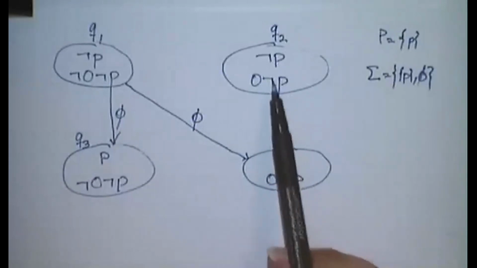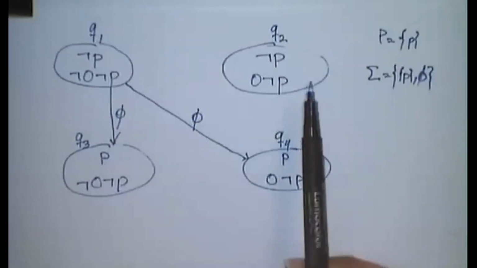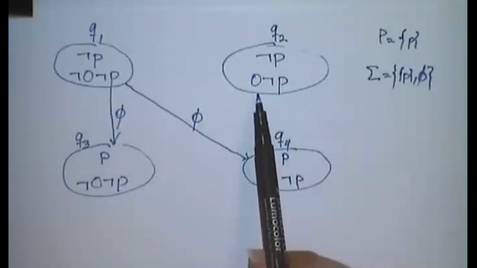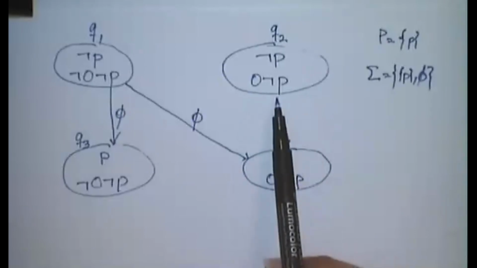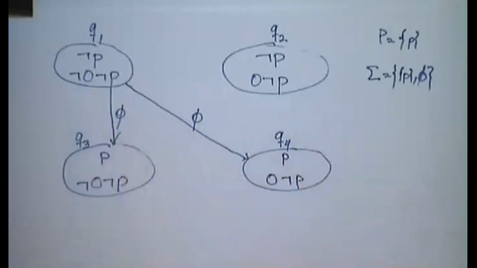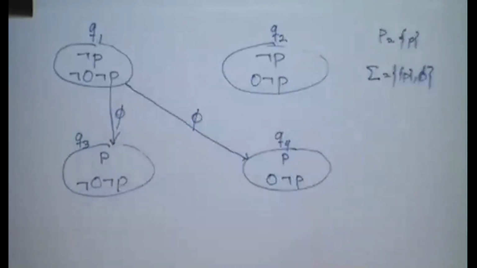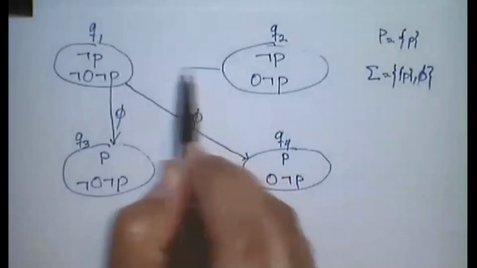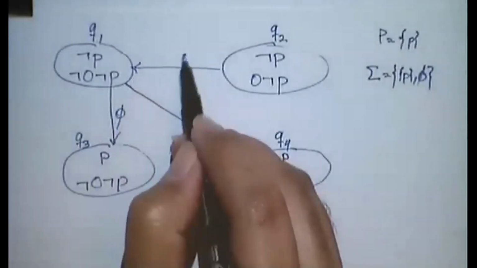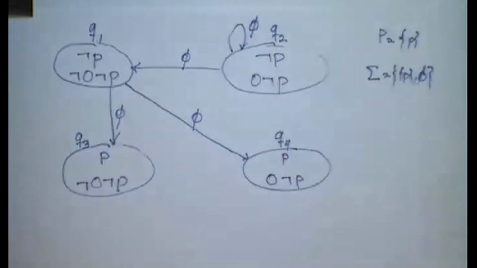So I just don't put any outgoing edges labeled P. But also in the next state, I should have not P. So where do I have not P? I have not P in Q1, and I have not P in Q2, right? So the successors of Q2 can only be Q1 and Q2, and we can only move with the empty set as our letter. So these are the transitions out of Q2.